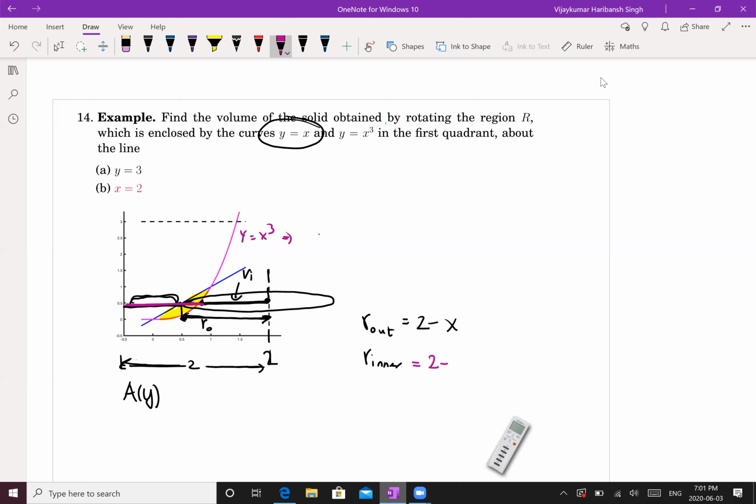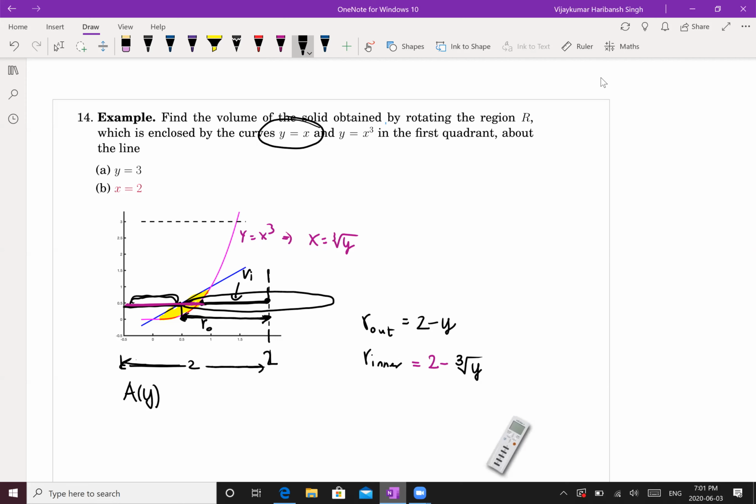So this implies x equals cube root of y, and this is going to be 2 minus cube root of y. Sorry, it has to be written in terms of y. So 2 minus y here and 2 minus cube root of y.